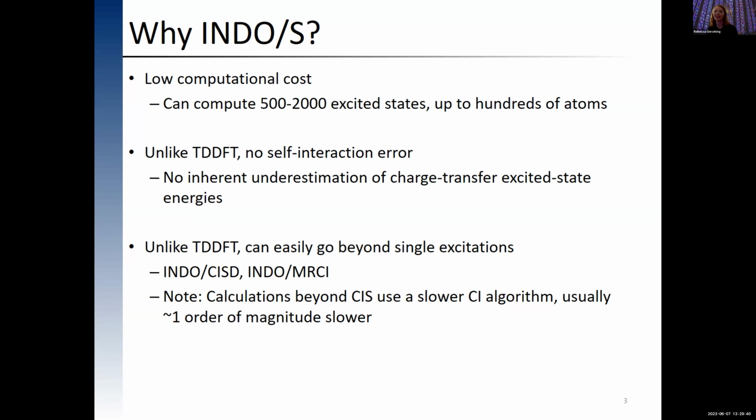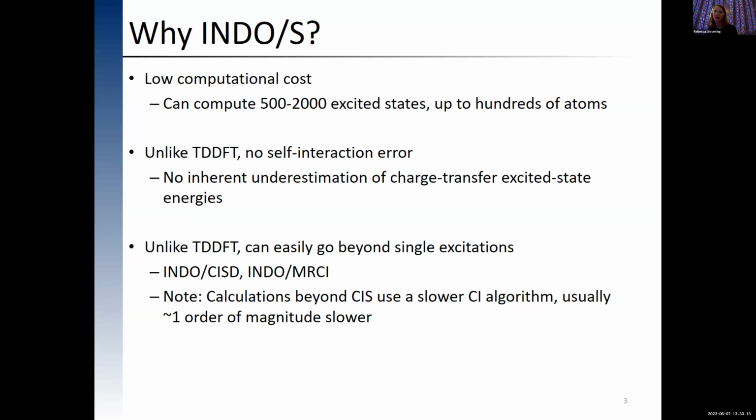We've been talking about TDDFT and self-interaction error, so that's also a big advantage here, especially for things like charge transfer excited states. Another big advantage is that because it's CI-based, it's really easy to go beyond single excitations. TDDFT, your standard implementations are really singly excited. But with these CI methods, you can incorporate double excitations or even higher, on an equal footing with your single excitations.